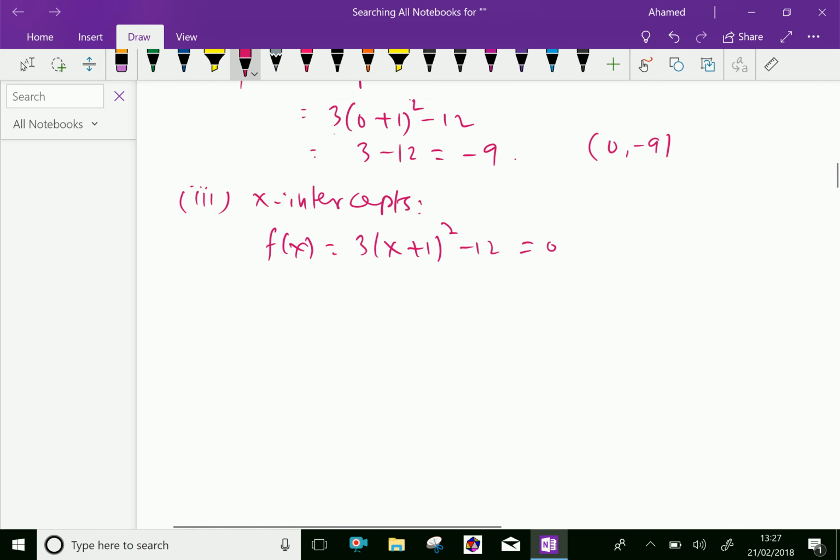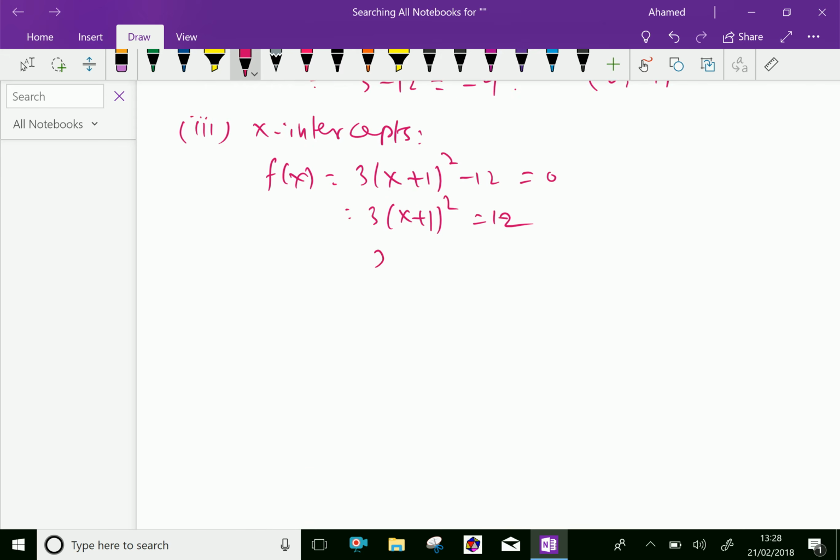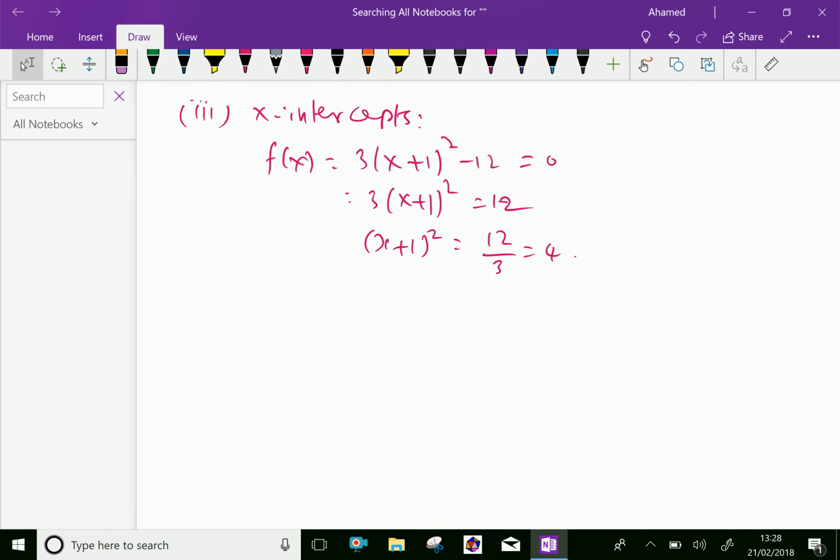Then solve this. 3 into x plus 1 whole squared equals 12. Then x plus 1 whole squared equals 12 by 3, which is equal to 4. Then x plus 1 equals square root of 4, which is equal to plus or minus 2.